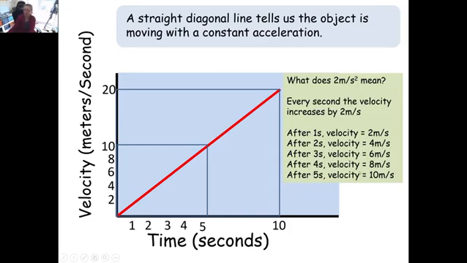So if I just add some values here, after 1 second the velocity is 2 meters per second, after 2 seconds the velocity is 4 meters per second, after 3 it's 6, after 4 it's 8, and then 5 we know it's 10. So every second you can see the velocity has increased by 2 meters per second, and that's what we mean by the acceleration.